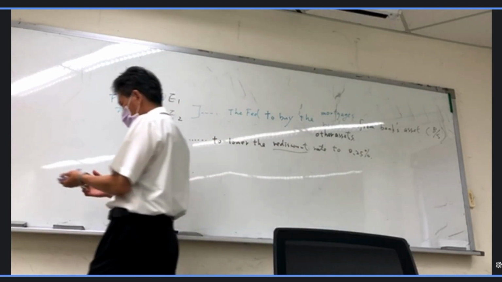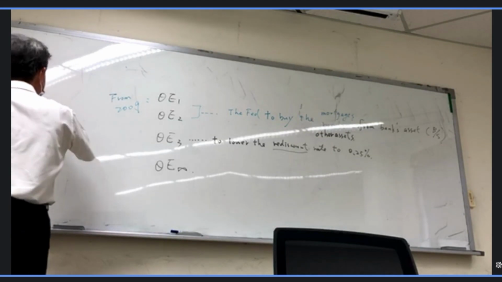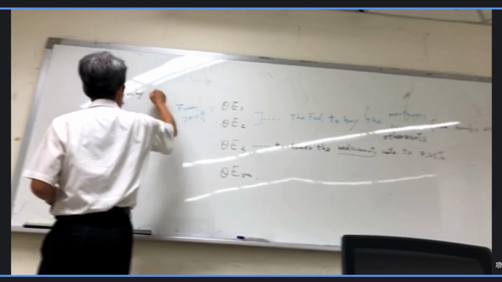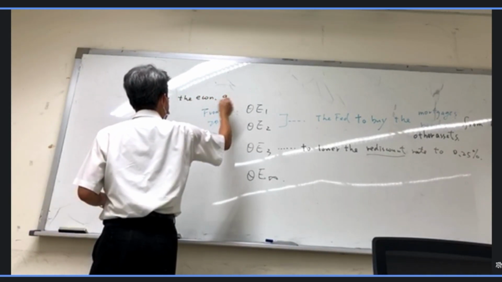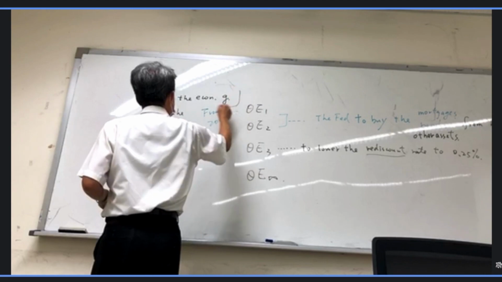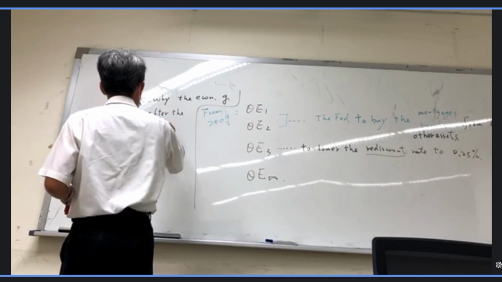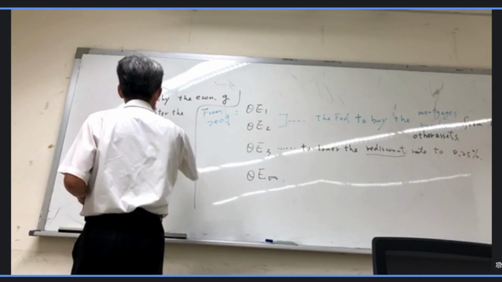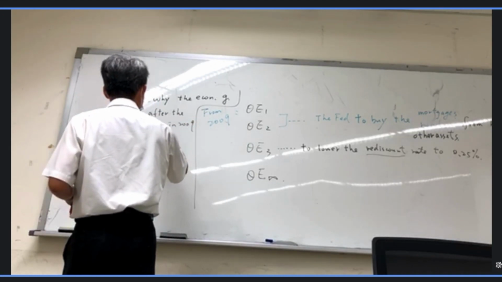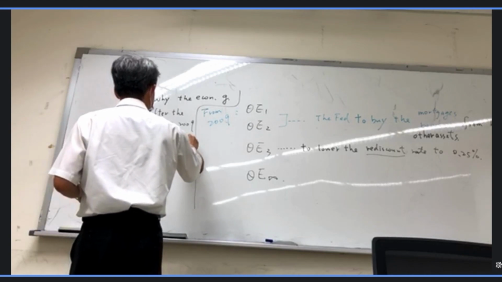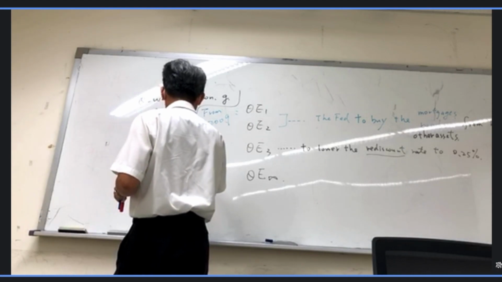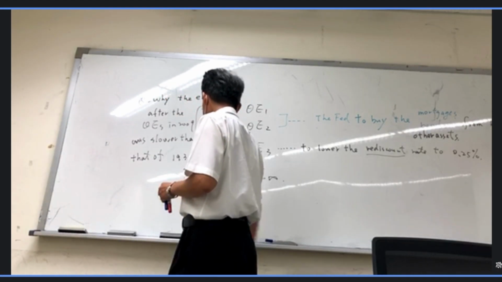So my question, okay, write it down: Why was economic growth after the QE in 2009 slower than that of 1930, which is the Great Depression?